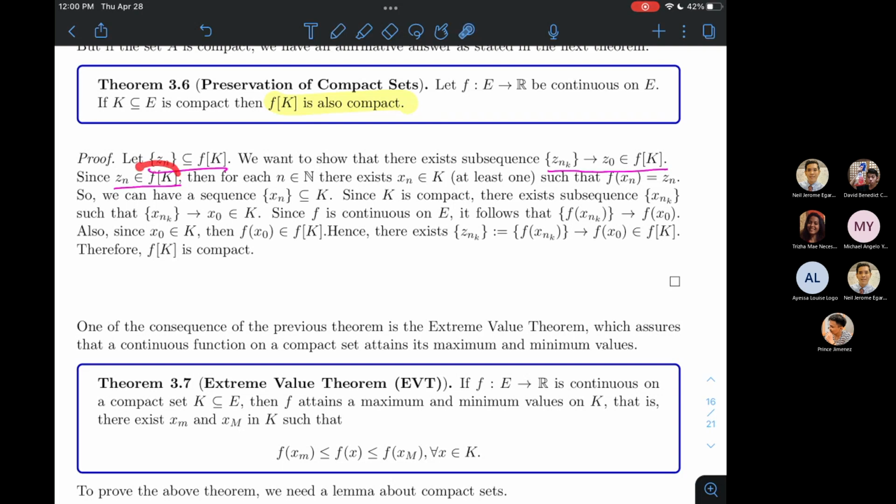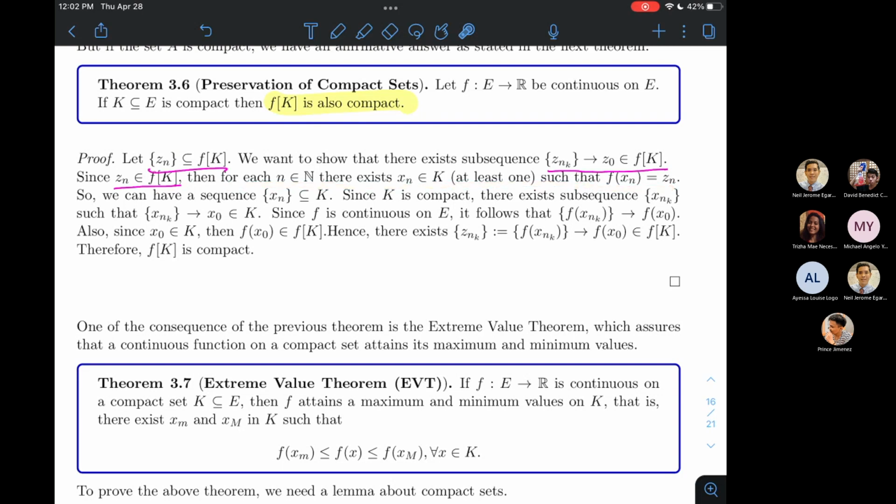By definition of f bracket K, ibig sabihin si c sub n ay function value ng isang element ni K. Right? So remember, f bracket K is the set of all function values of elements of K. Ito yung mga images ng mga miyembro ni capital K. So kung si c sub n ay element ni f bracket K, dapat si c sub n ay function value ng at least isang element ni capital K. And that is what we're saying here.